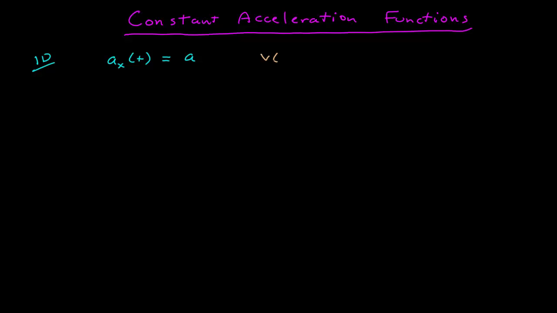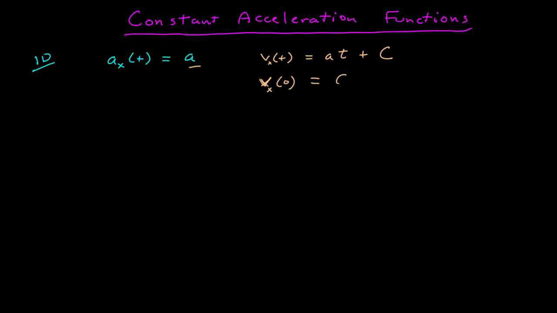So the velocity is an antiderivative of the acceleration. That's the antiderivative of a constant, which is just a times the time plus some additive constant c. We can find what that is by evaluating the initial conditions, which is the value of this velocity function at t equal to 0.